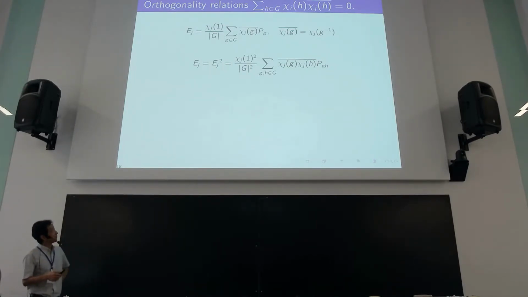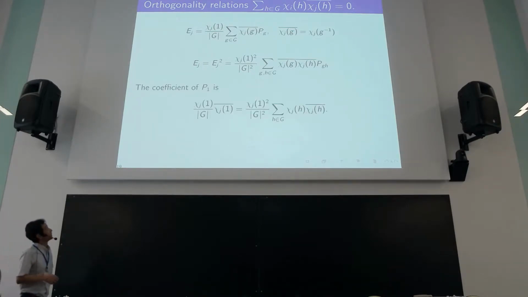Well, we have the same formula, except that this time i is set to be j, so I'm computing e_j squared, which is the same as e_j. So again, let's look at the coefficient of the identity. Here again, I have to enforce that g is equal to h inverse, but of course we did that. The only difference from the previous computation is that i is equal to j. So I don't have i here, but rather j.